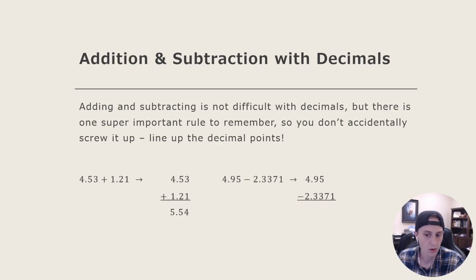So what do we do? We just add zeros until they have an even number of digits right of the decimal point, like that. And we can do that because this doesn't change the value of the number, right? 4.95 is the same as 4.950. It's all the same. Then we subtract these numbers and we get our answer. So that comes out to be 2.6129.